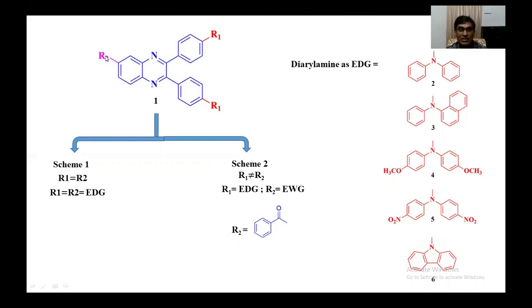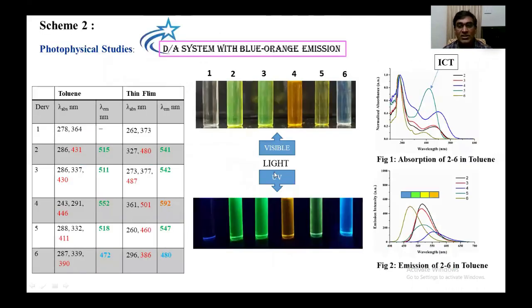Again we have studied the absorption and emission properties of these molecules. In this figure you can see the images in solution state, in visible and UV light. This is a table giving the absorption data in a non-polar solvent, toluene, and the solid film. You can see in the case of these derivatives the ICT transition, so that confirms the formation of this DA kind of architecture.